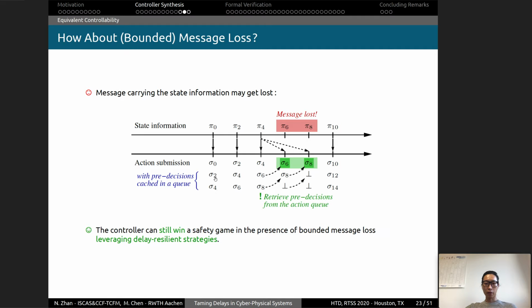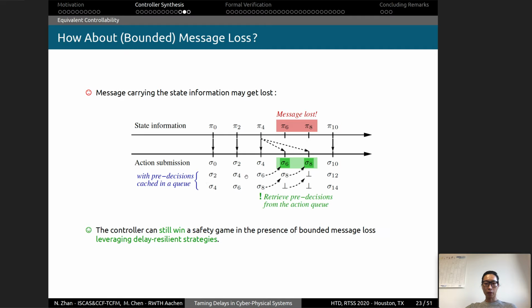So sigma 2 here is actually a safe action or a safe set of actions that can be played if two delays are in the game. And sigma 4 here is a safe strategy subject to delay 4. So we make these two predecisions and we cache them in a queue.